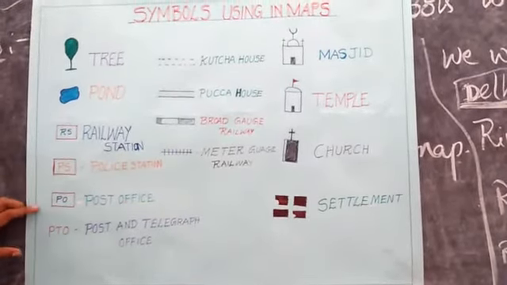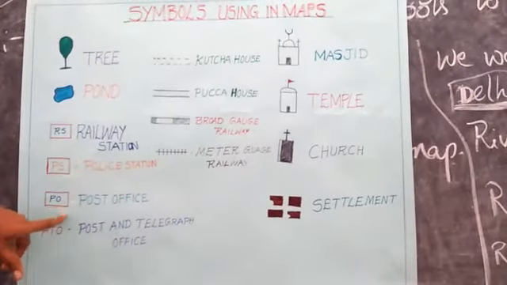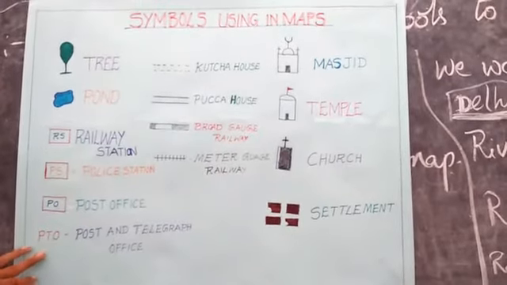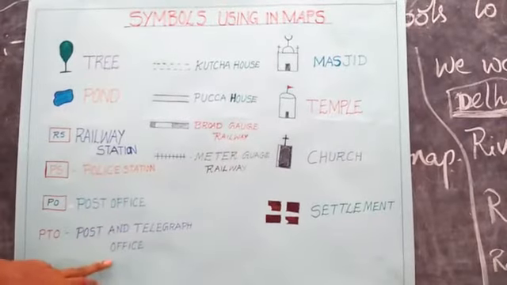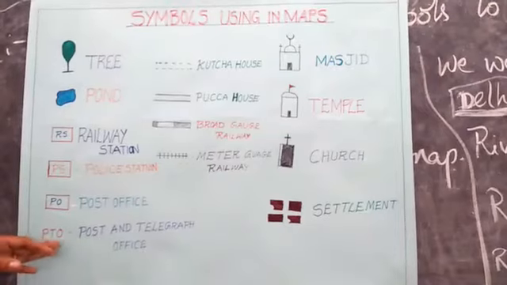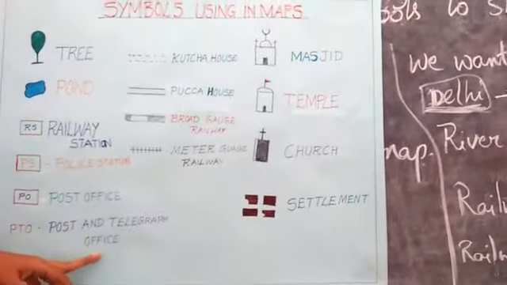If there is a post office, we use the symbol PO at that place. We use PTO, post and telegraph office. When there is a telegraph office, we use PTO. PTO means post and telegraph office.